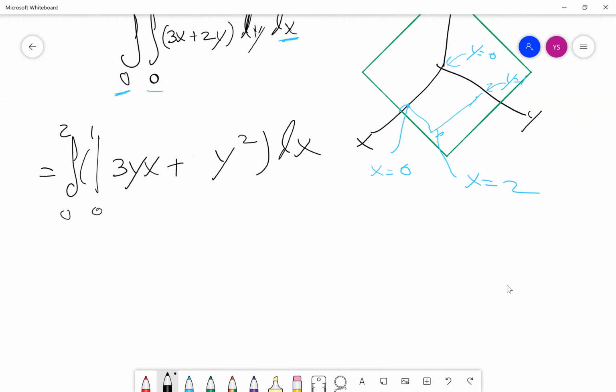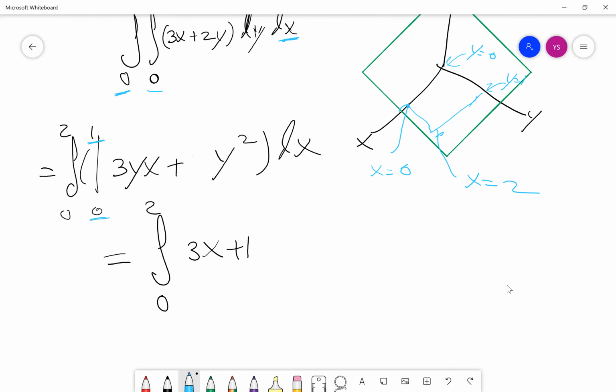So now we plug in our bounds. This is going to be equal to, again, the integral from 0 to 2. We start by plugging in our 1, and this is all for y. We're plugging all this into y because we took the antiderivative with respect to y. So we are going to get 3x plus 1. That's this first part.